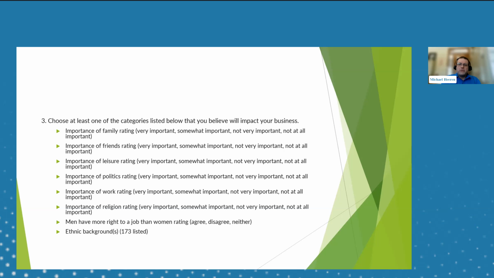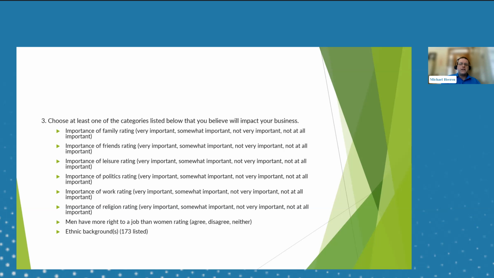All of them except the last one have the same categories of very important, somewhat important, not very important, not at all important. I generated my data based off of what the World Values Survey had. It was fake, but it had the same sort of percentages.